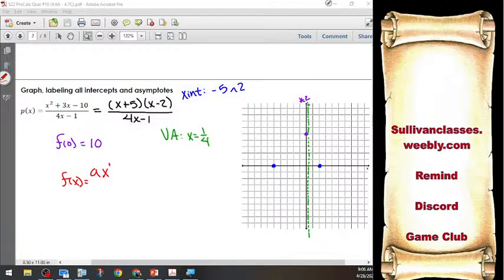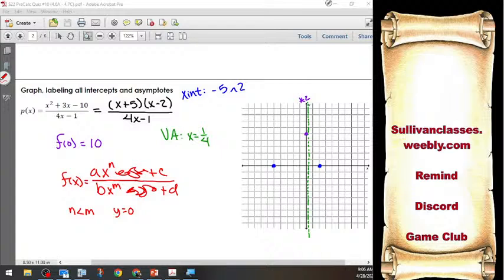N over m, right? Alphabetical order. Very mathematical notation there. So if n is less than m, if the degree of the numerator is less, then y equals 0 is going to be my horizontal asymptote.